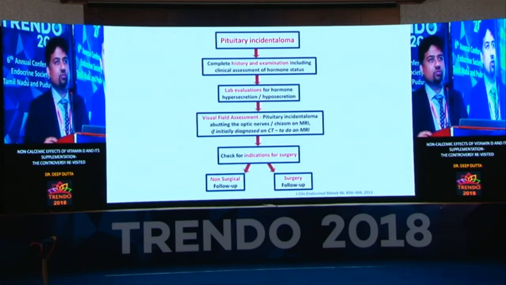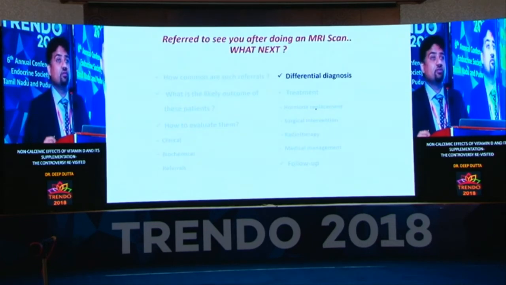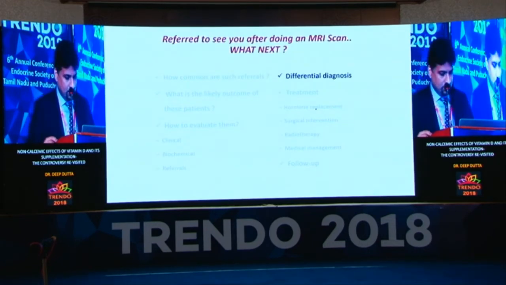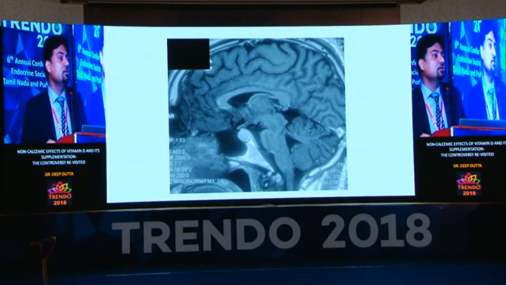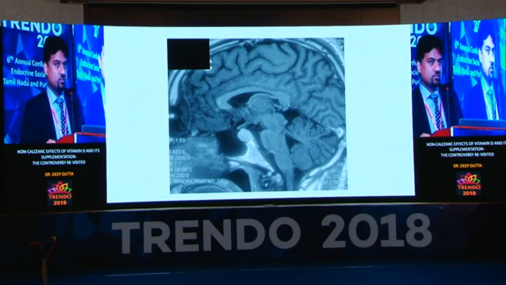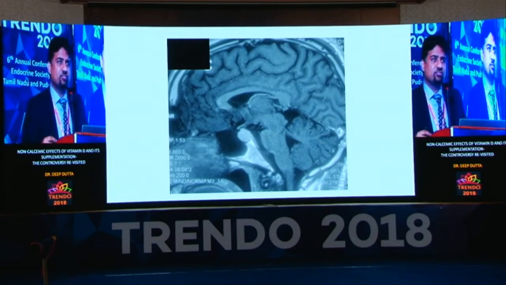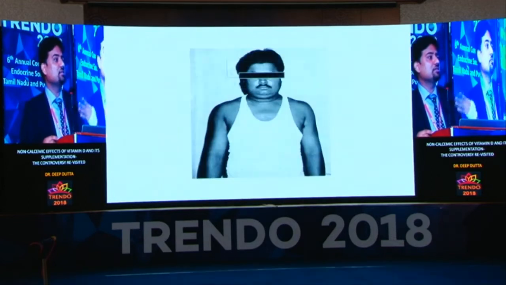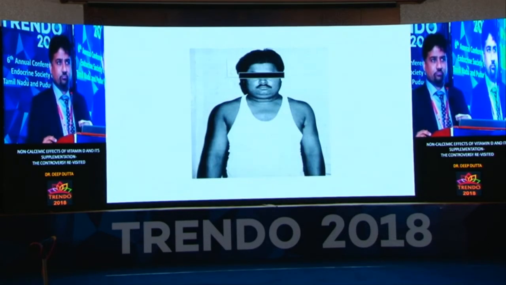Just before I go on to the indications for surgery, let me show you something about a few differential diagnoses that we need to cover. This is a patient that I saw about a month ago, a 31-year-old gentleman who was referred to me because of this scan which showed a pituitary lesion. When I took the history in detail, this patient complained of headache, weight gain, lethargy, and severe proximal myopathy.